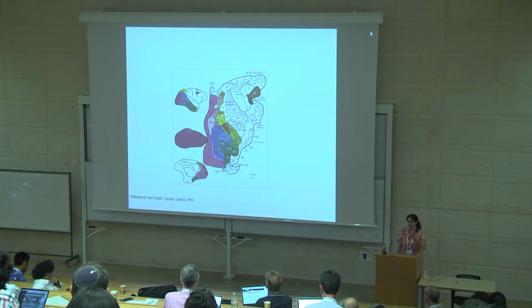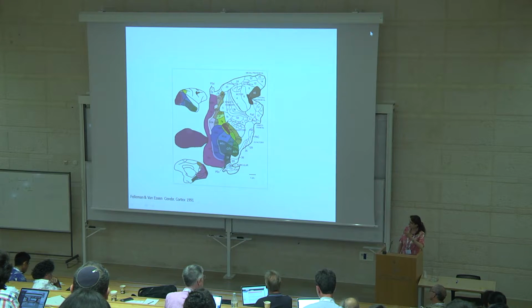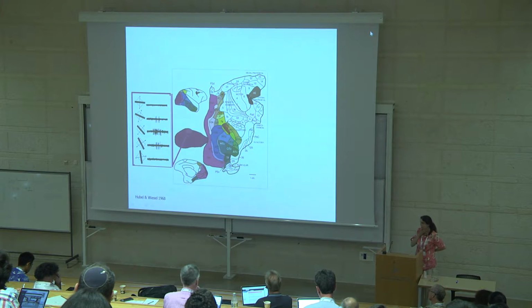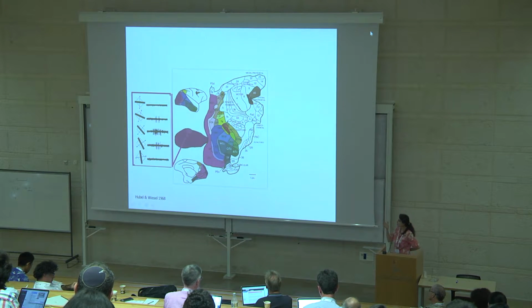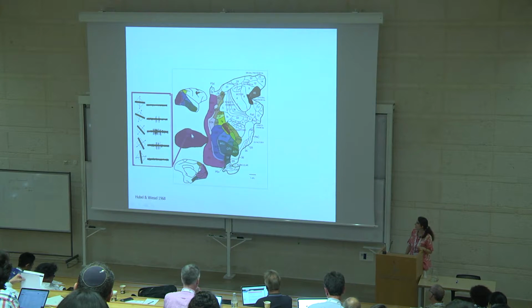So the previous talk in this session already alluded to some prior knowledge of how visual processing in the brain occurs, and in particular I will also show an example, of course, from the classical paper by Hubel and Wiesel. This is in the primary visual cortex in the back of the head.